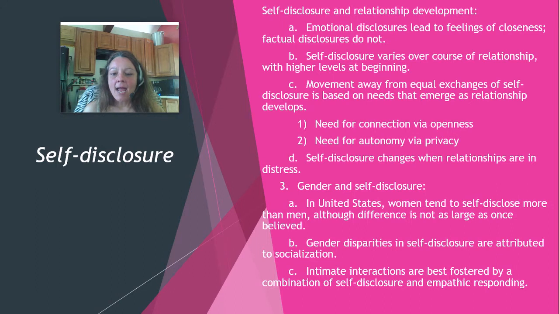And we say that when it comes to genders, a lot of times we see disparity in self-disclosure, and it's mostly due to social constructs. So in the United States, we say that women tend to self-disclose more than men. And then we say that, once again, that has to do with socialization. And I believe that that's a fallacy, too.